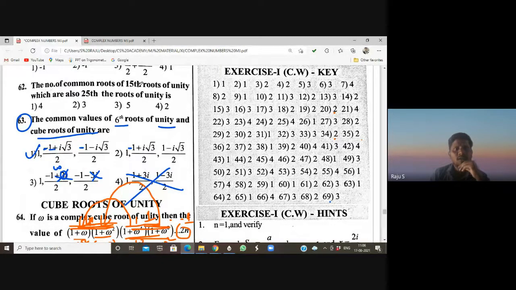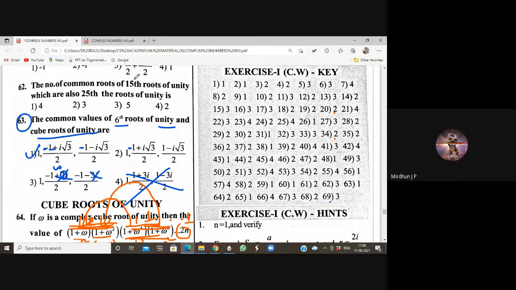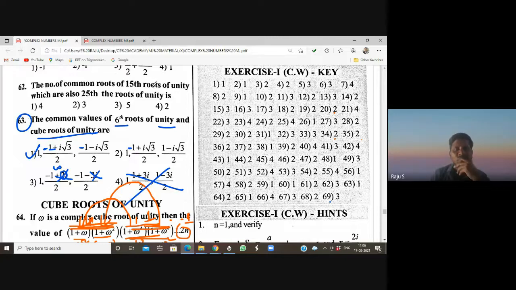Okay, the number of common roots of the 15th roots of unity, which are also 25th roots of unity. 15th roots and 25th roots generally. Sir, I think the HCF of 15 and 25, 5, is that. Yes, exactly. That is what we'll do here. Highest common factor like that.